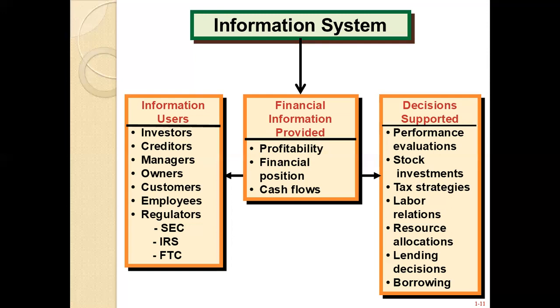Financial information, first, is profitability. Which statement will provide the information on profitability? Do you have an idea? Anyone? Maybe the point comes to your mind. Profitability is the profit margin, profit ratio, how much a business earns.